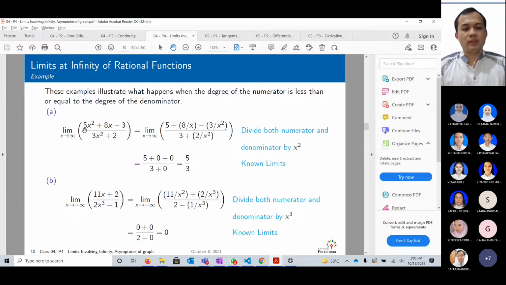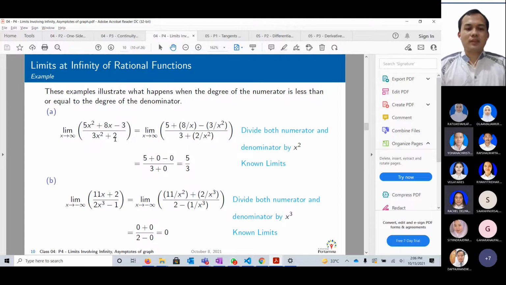We will get infinity over infinity, right?